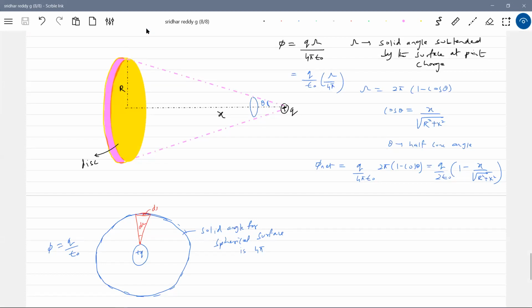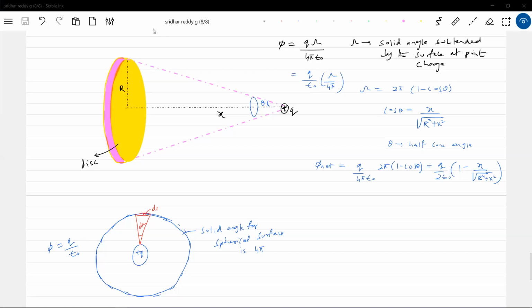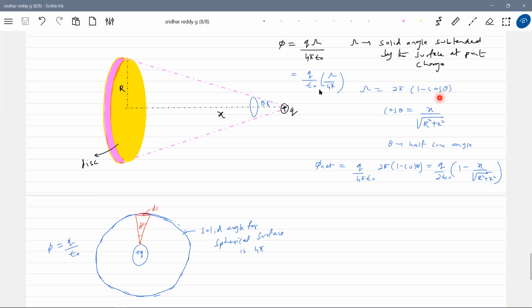Sir, can you repeat the formula you said for the half solid angle? There's a formula, 1 minus cos theta. No, you said something related to half angle, sir. Theta is the half cone angle. What is theta? Half cone angle. Are you seeing some cone?